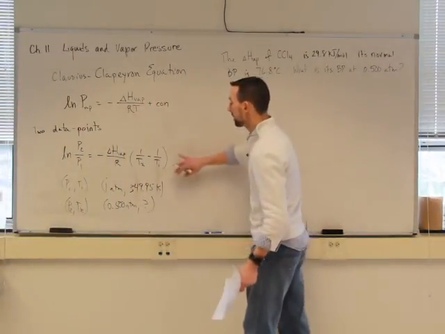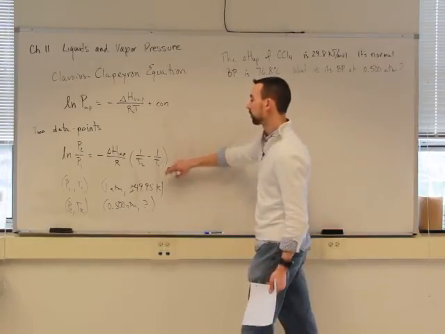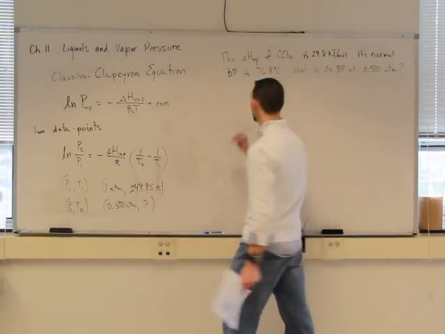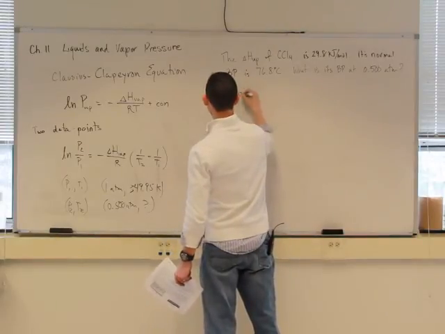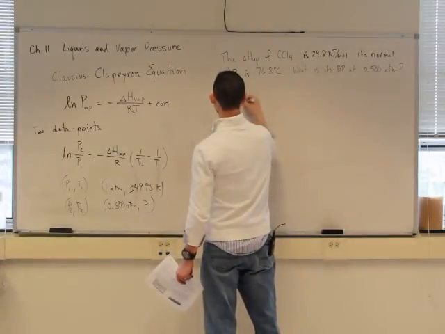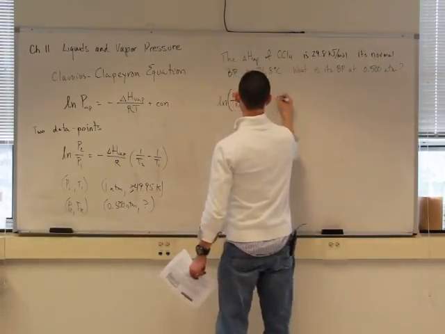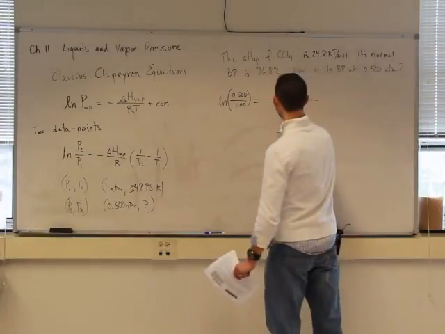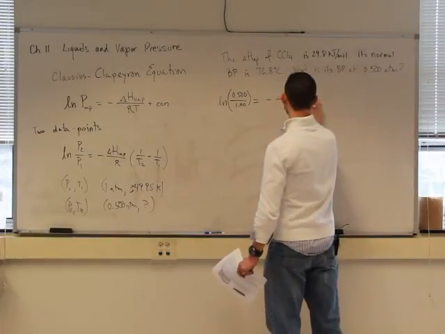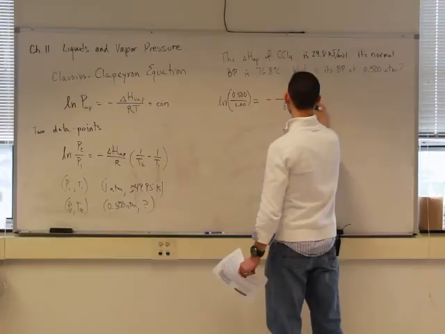So now it's a matter of doing the algebra to try to solve for T2. Okay? So we can begin with ln of P2, 0.5, divided by 1. That's going to equal negative. Now I'm going to put my R in first, 8.314 joules per mole Kelvin.